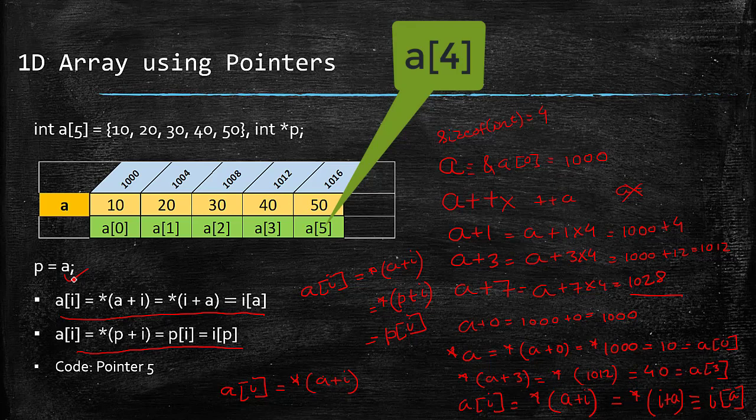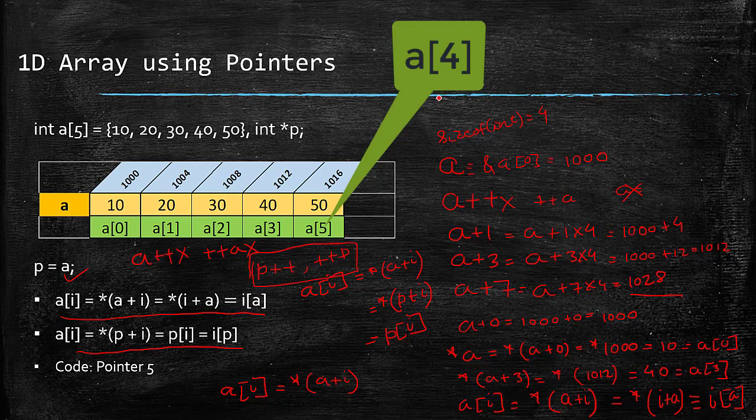You can clearly see that A plus plus or plus plus A is not possible, as A is a constant pointer, but the same thing does not apply to P plus plus or plus plus P. The reason is that P is not a constant, right?